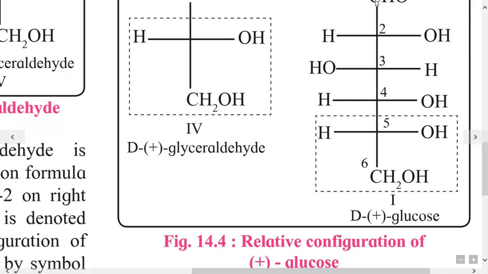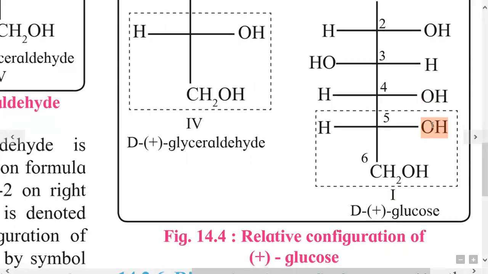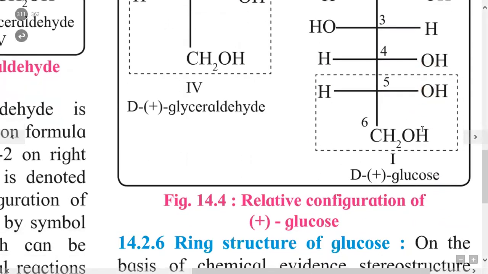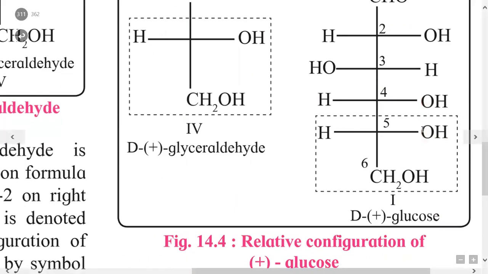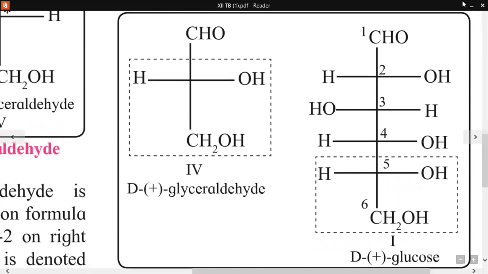In this glucose structure, the lowest chiral carbon atom is the fifth carbon atom, and this fifth carbon atom has the OH group bonded to the right side in the structure. Hence, it is the D configuration. So the relative configuration of plus glucose is called D-glucose, and that is about the optical isomerism in glucose.